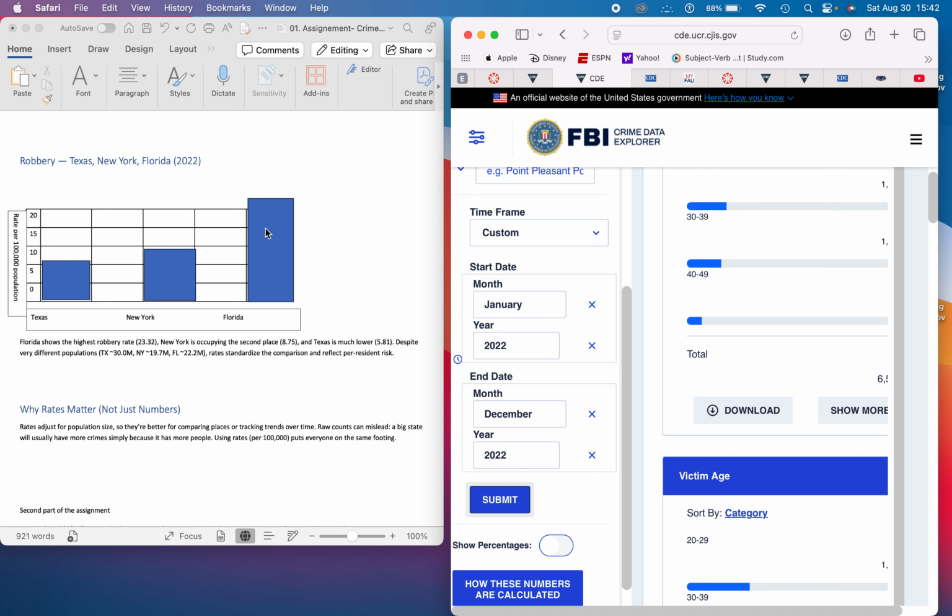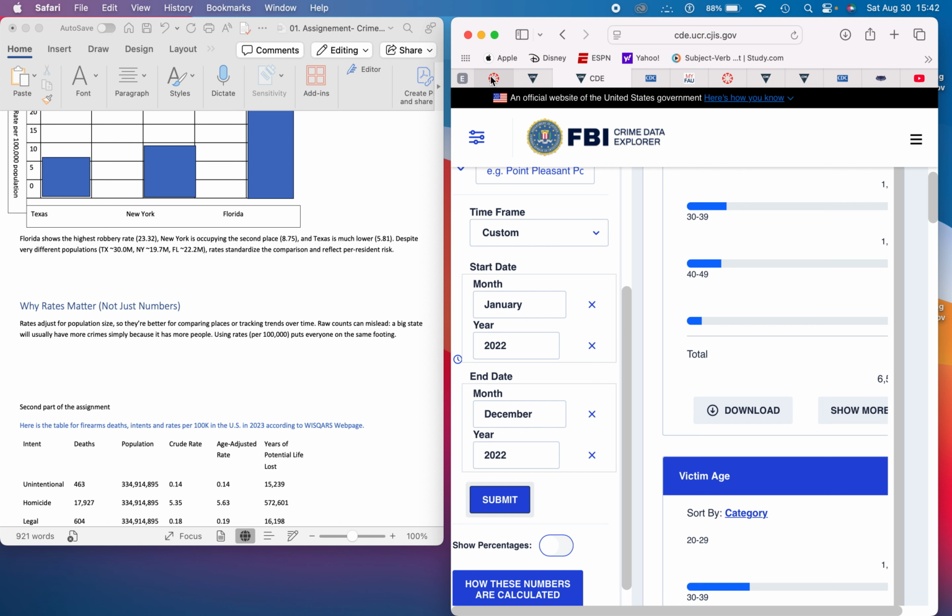Meanwhile, Florida, whose population is lower than Texas, has crime almost double. Texas is 30 million, Florida is 19 million, and when you compare the rate, Florida is 23, and in New York it's 8.75. What's going on with Florida?